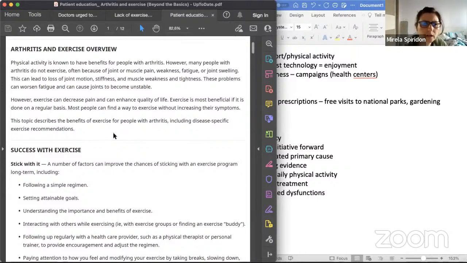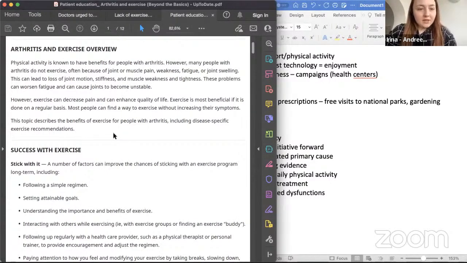This topic describes the benefits of exercise for people with arthritis, including disease-specific exercise recommendations. I think after this class, Mirela will need to repeat arthritis 10 times at least, so that our ear becomes used to it. Disease-specific, yes.